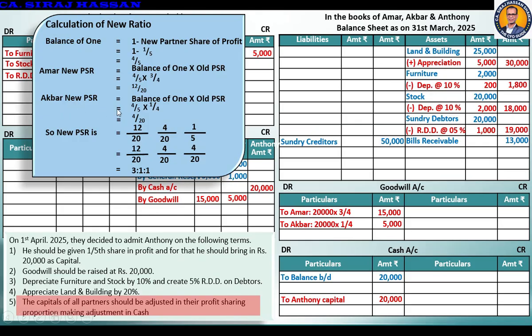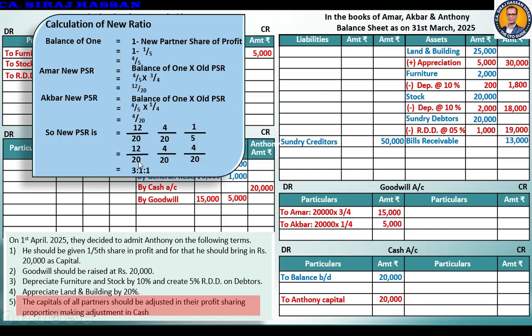Similarly, let's come to Akbar. Balance of 1, that is 4 upon 5, into old profit sharing ratio. Balance of 1 is 4 upon 5 and the old profit sharing ratio is 1 upon 4. That's coming to 4 upon 20. So the new profit sharing ratio is 12 upon 20, 4 upon 20 and 1 upon 5. In order to make this 20, we multiply the denominator and the numerator by 4.